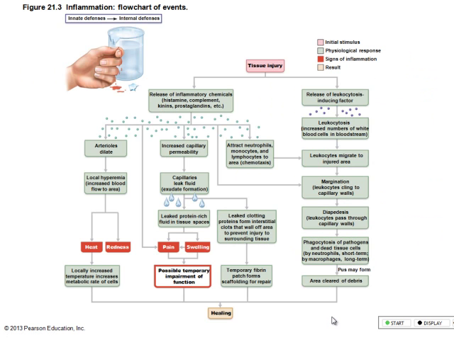We know this information already because we learned it last semester. When we talked about, I think it was in chapter 5, inflammation, the inflammatory response, we talked about phagocytes there.